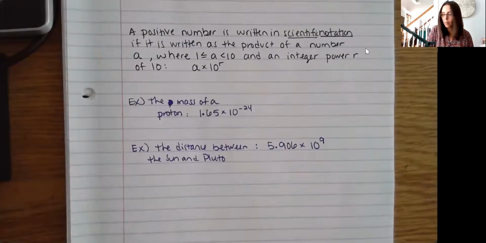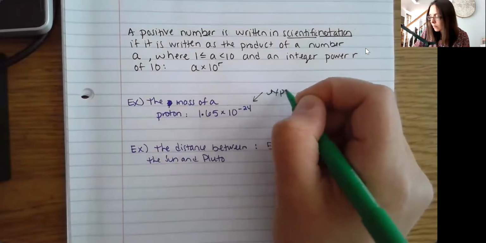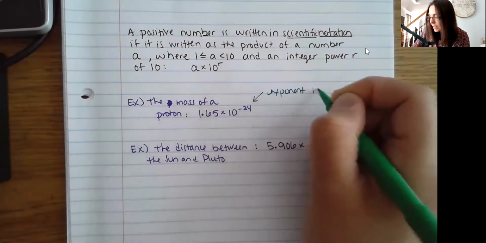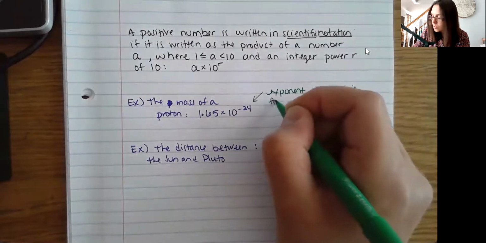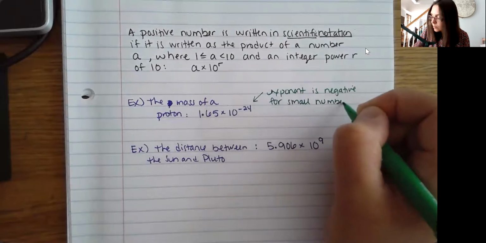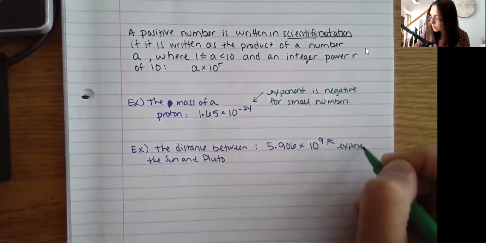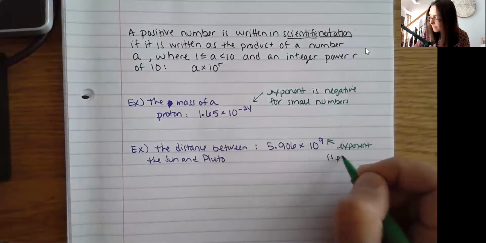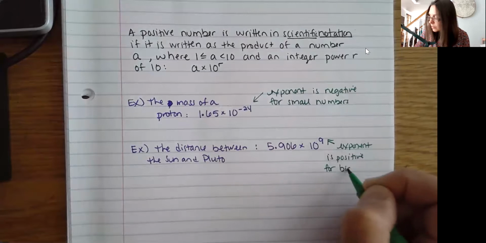So let me point out a couple things here. Your exponent is negative for small numbers, and your exponent is positive for big numbers.